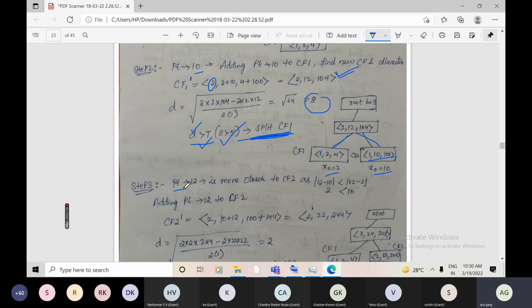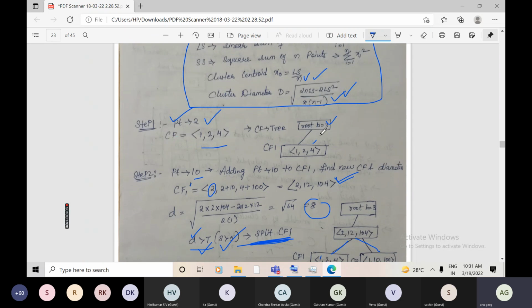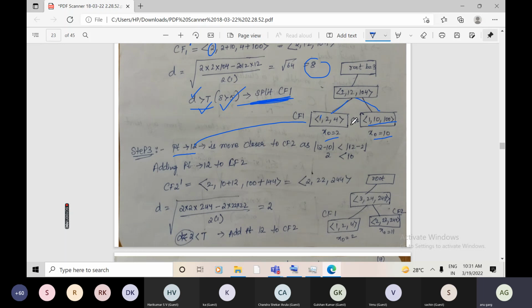Next point is point 12. Now, to which cluster feature are you supposed to add this point? Earlier we added directly because only 1 point was there, but now we have got 2 points in the leaf nodes.